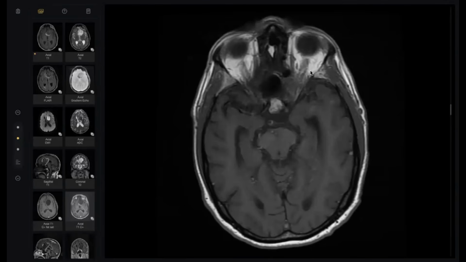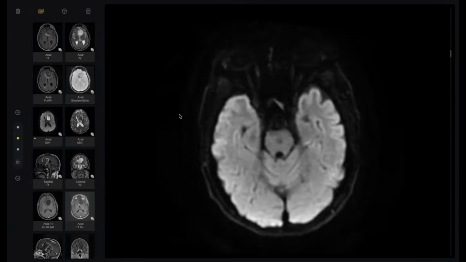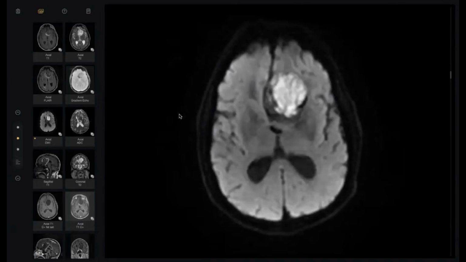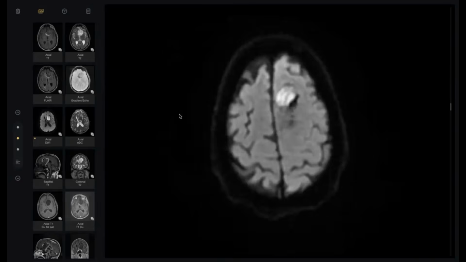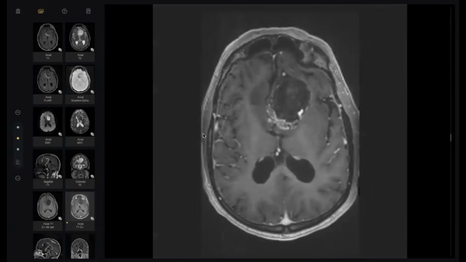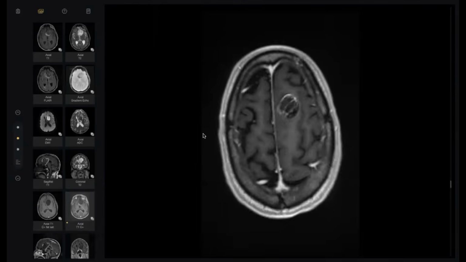Increased intracranial tension and hydrocephalus. What else? Anaphylactic reaction? No, no. Did you hear about chemical meningitis? Yes, chemical meningitis. Okay.